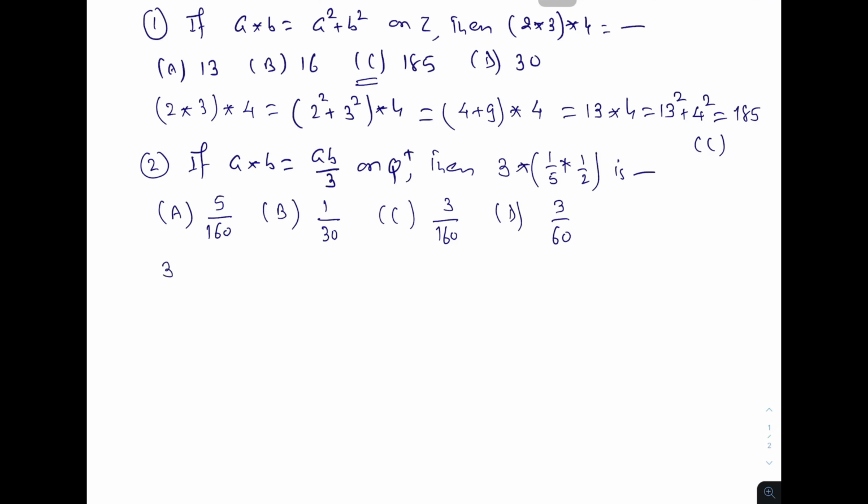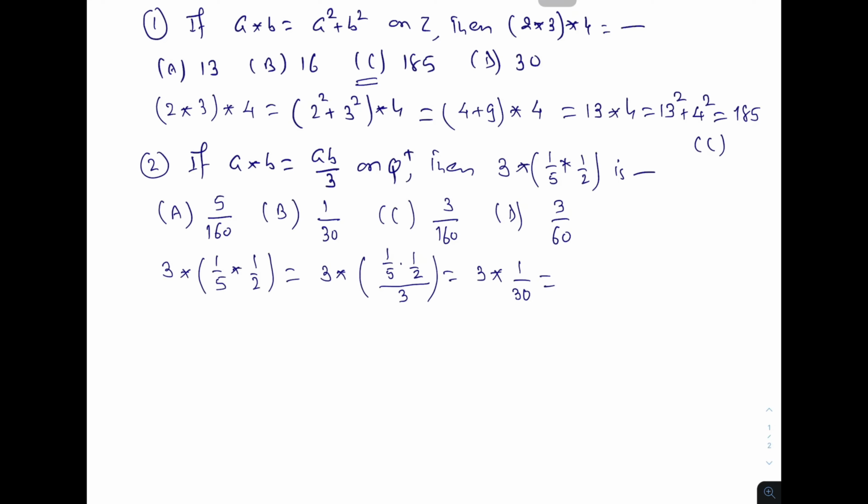So 3 star 1 by 5 star 1 by 2 equals 3 star, and now 1 by 5 star 1 by 2 is ab by 3, which is 1 by 5 times 1 by 2 divided by 3. 5 twos are 10, 3 tens are 30, so 1 upon 30.